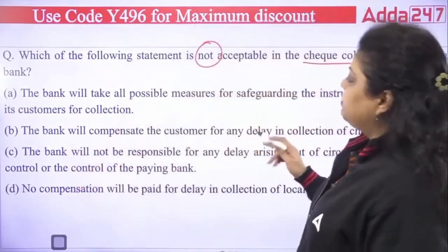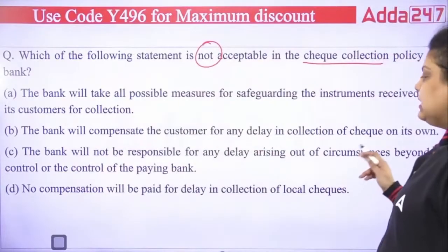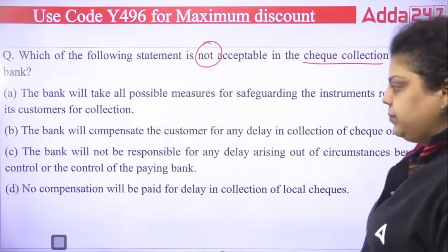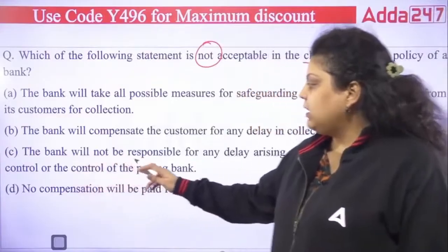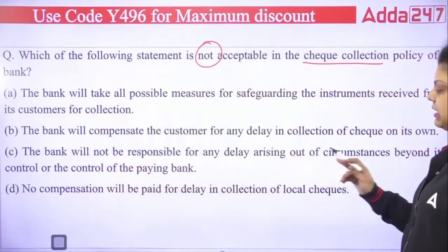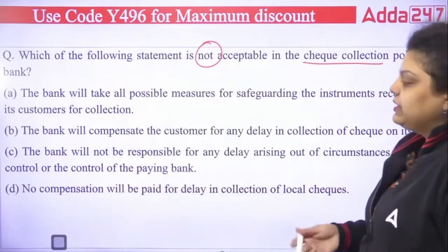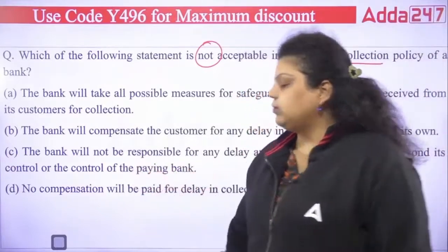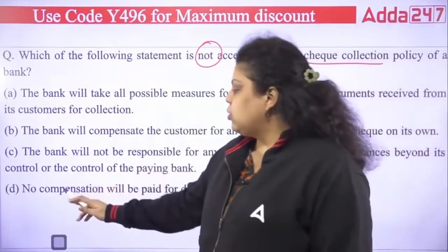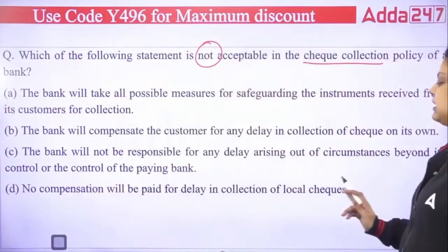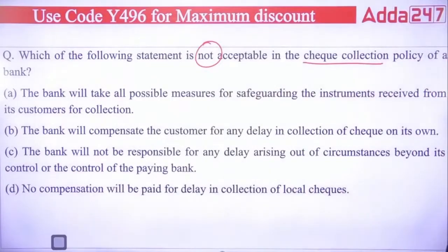Second, the bank will compensate the customer for any delay in collection of check on its own. Third, the bank will not be responsible for any delay arising out of circumstances beyond its control or the control of the paying bank. Fourth, no compensation will be paid for delay in collection of local checks. So which of these is not acceptable in the check collection policy of a bank?